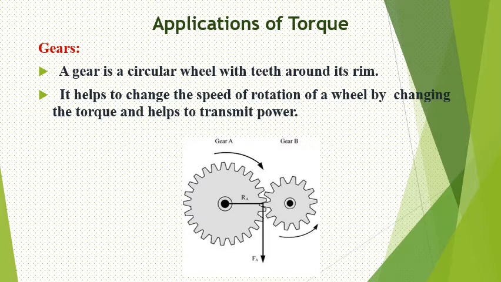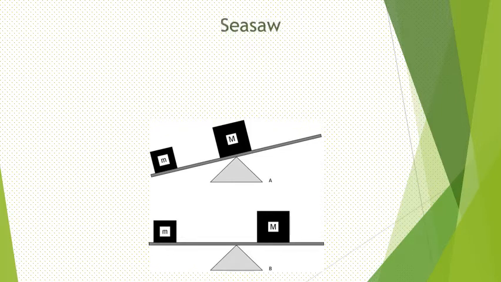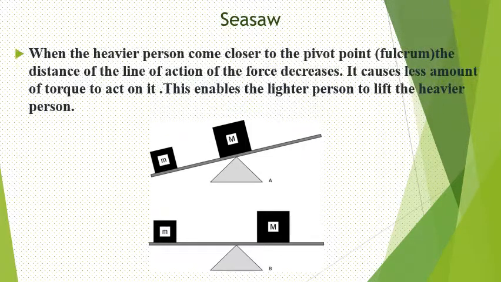The next example is seesaw. Most of you have played on the seesaw. There is a difference in the weight of the persons sitting on both sides. The heavier person lifts the lighter person, we know that.